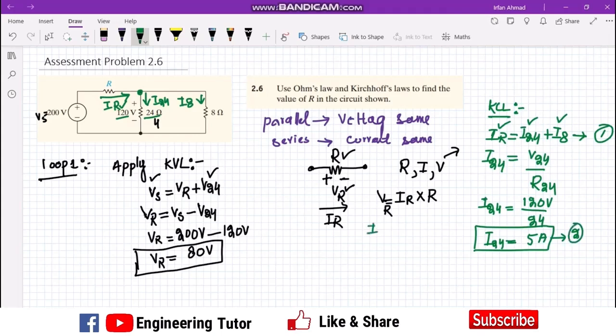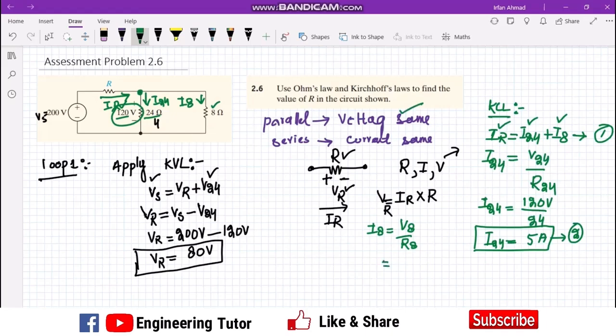Similarly, to find the value of I8, we know that I8 is equal to V8 divided by R8. We know the value of R8, but do we know the voltage across it? Yes, we do, because the two resistors are now in parallel, and when two resistors are in parallel, the voltage across them remains the same.